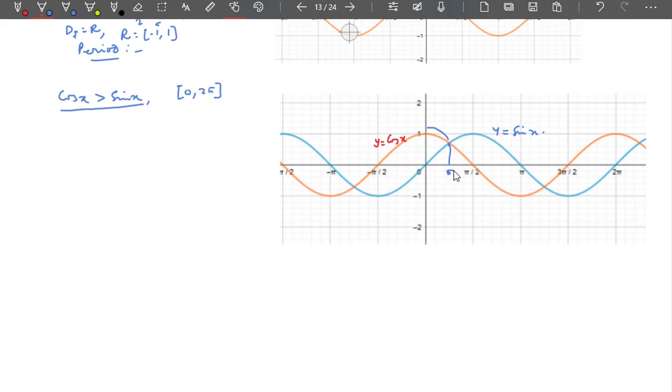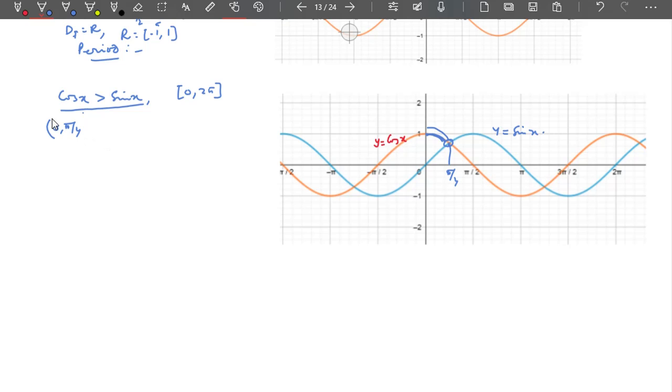This is pi by 4, where cos x and sin x are equal. So from 0 to pi by 4, the graph of cos x is higher, so cos x is greater than sin x. So your answer will be from 0 to pi by 4.